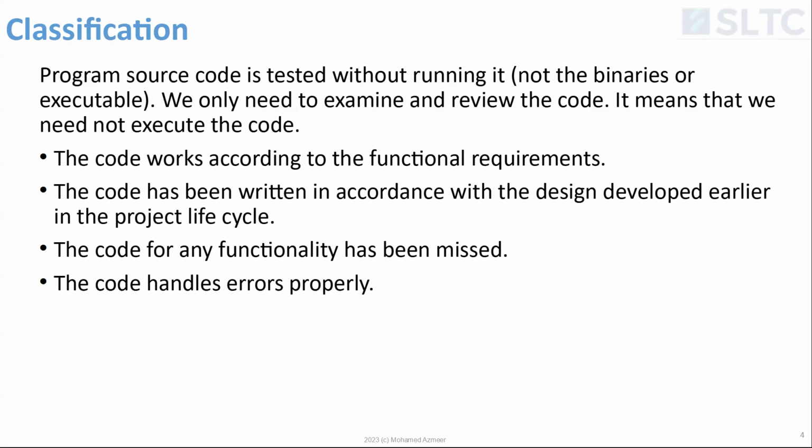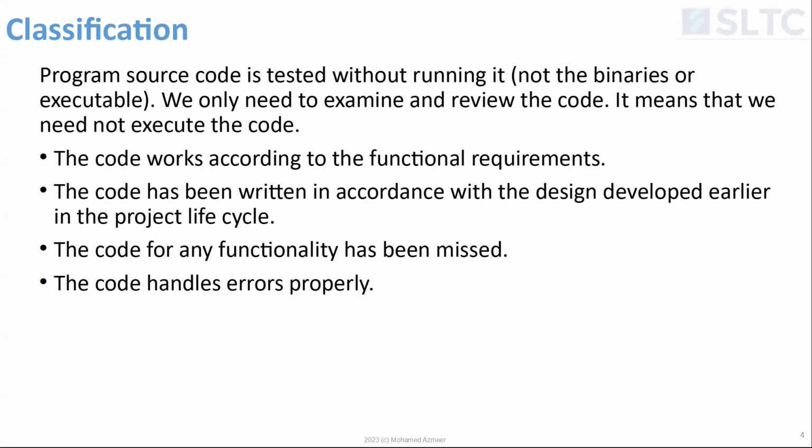So the objective here is to make sure the code works according to the functional requirements. And also, remember, in the earlier weeks, we looked at a code template for the organization, like how you name the variables, how you name the functions, all that stuff, right?